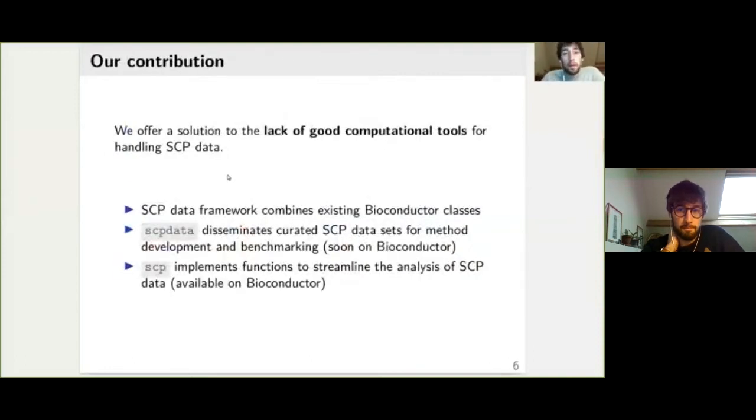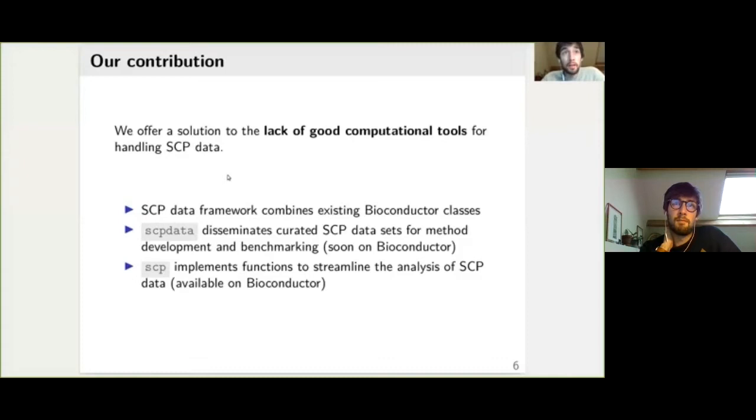So, mass spectrometry-based single-cell proteomics is an emerging field that requires new computational developments. And we want to tackle here the lack of good computational tools for handling such data. Our contribution lies in 3 parts. First, we have developed a data framework that combines existing Bioconductor classes.